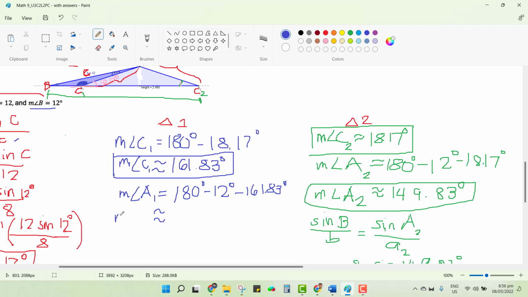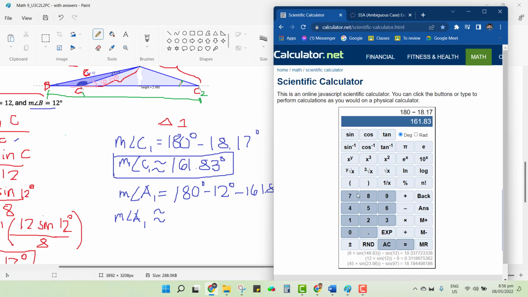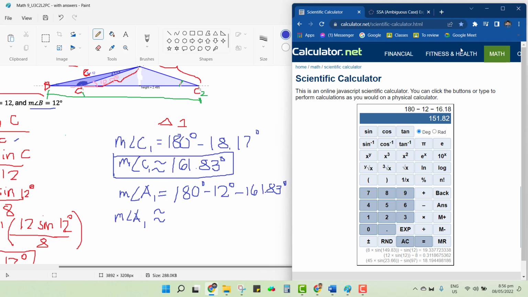So the measurement of angle A sub 1 is equal to 180 degrees less 12 less 161.83, that's 6.17 degrees.